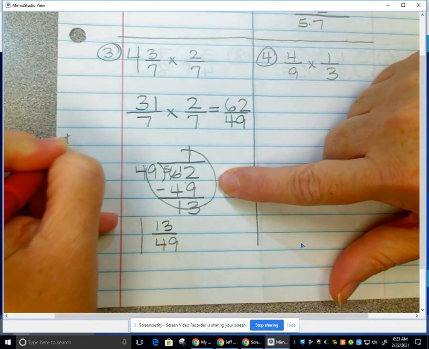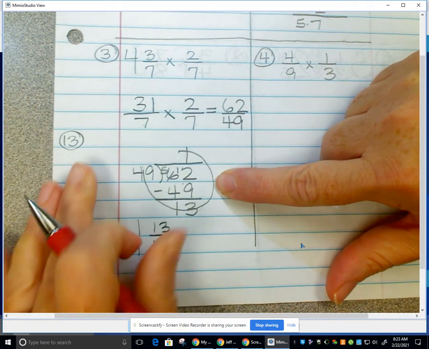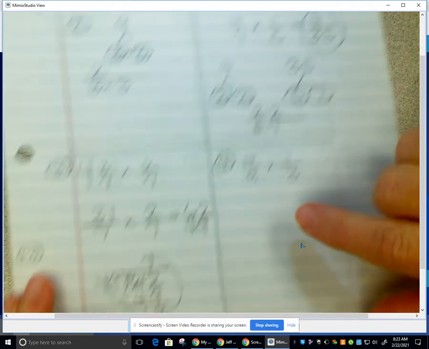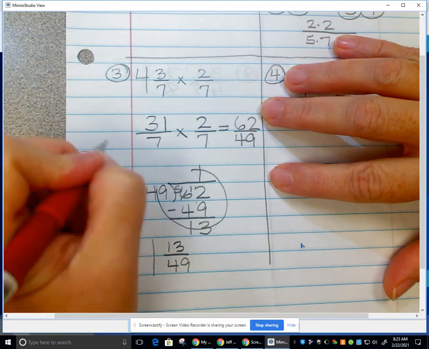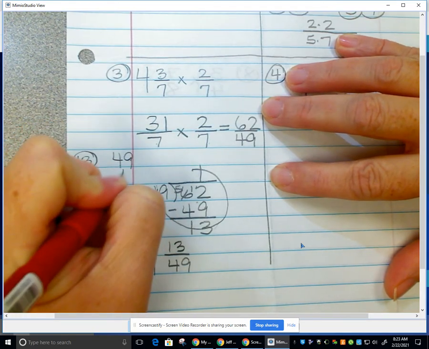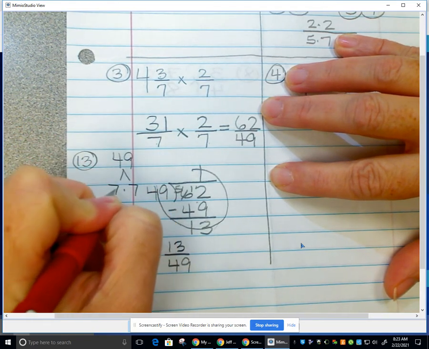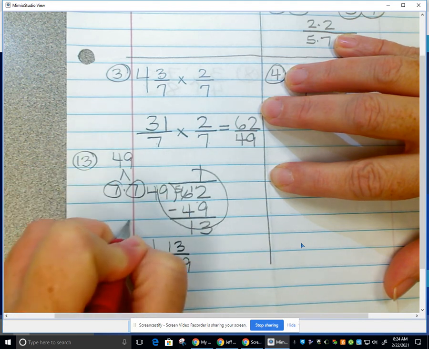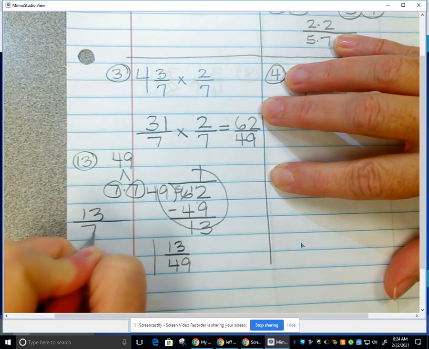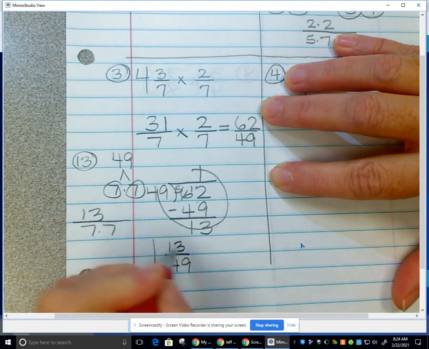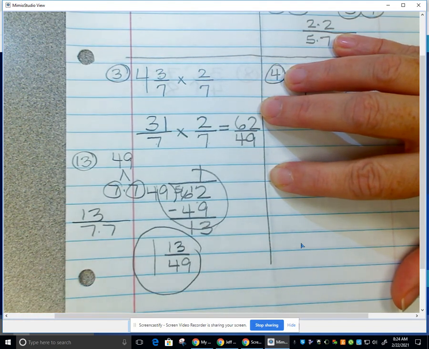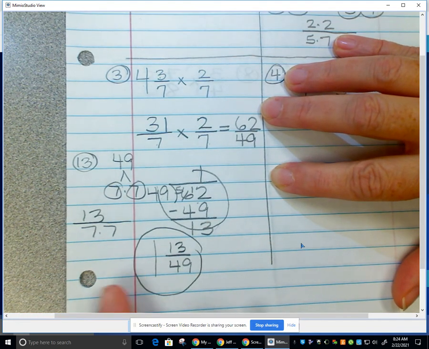So 13 is prime. It made the prime list, so we circle it. 49, 7 times 7, and those made the prime list. So when I stack them, nothing matches. So there's my final answer, 1 and 13 49ths.